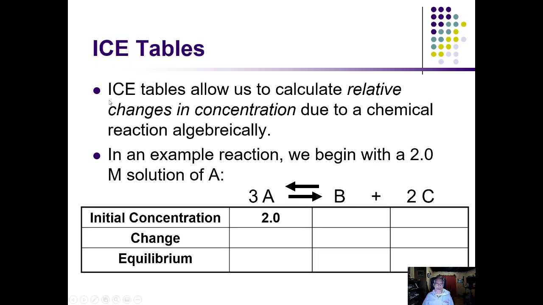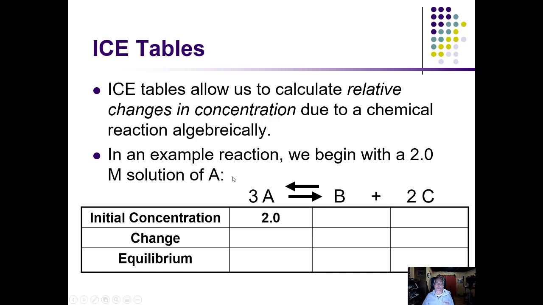ICE tables allow us to calculate the relative changes in concentration due to a chemical reaction algebraically. So we're essentially going to be doing algebra. All you have to do is develop the algebraic equation based on this partial information.